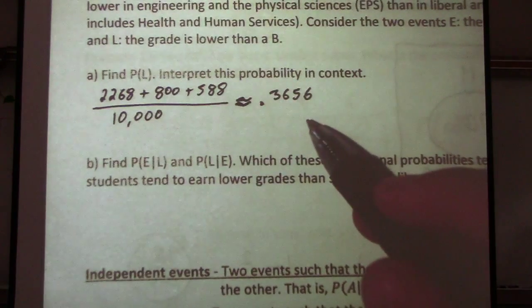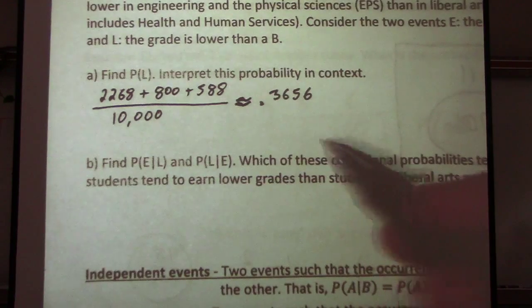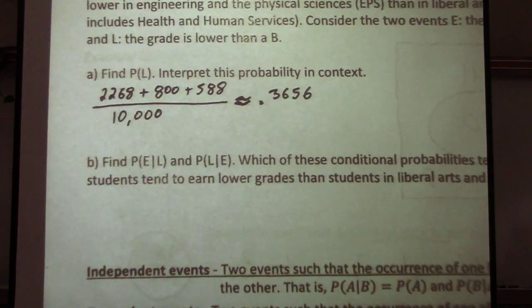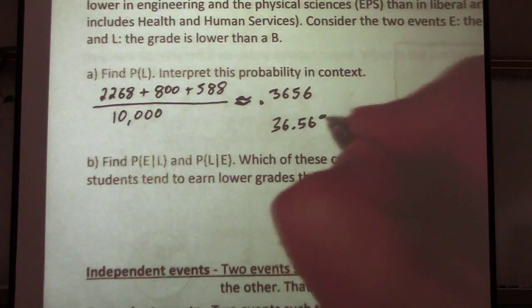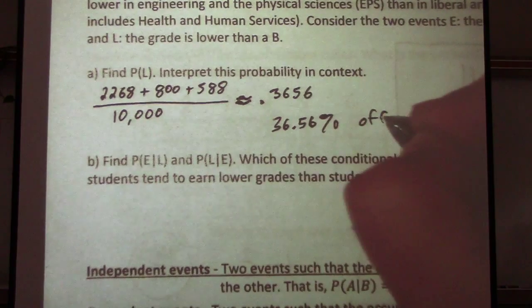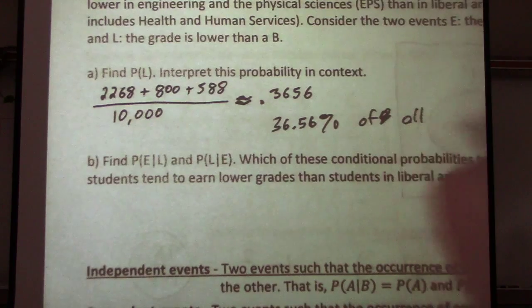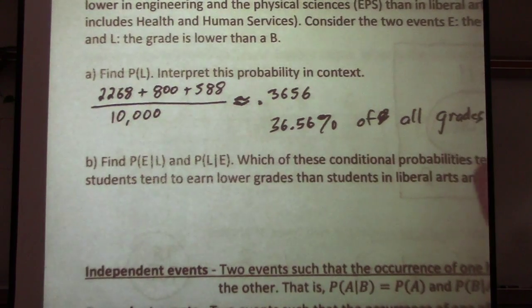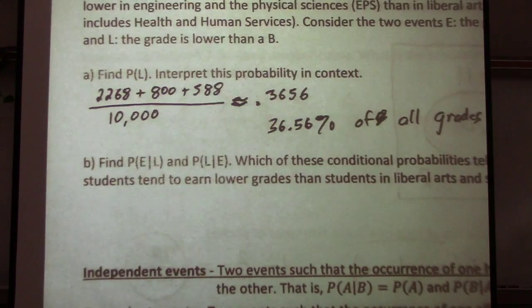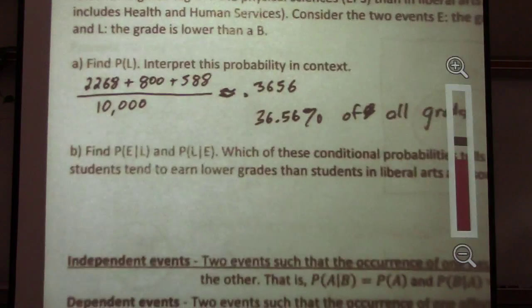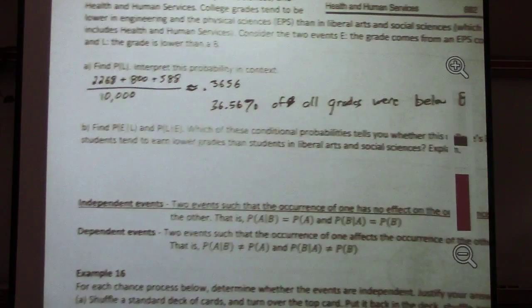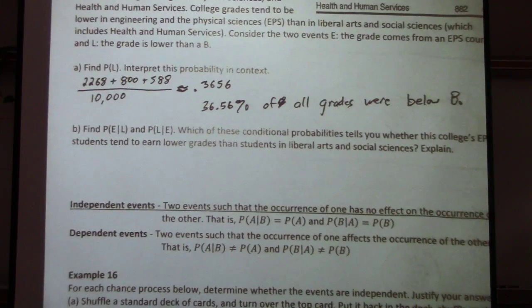So what does that number actually mean? One way of interpreting this would just be to say 36.56% of all grades were below a B. Now, in this particular interpretation, we don't have anything about in the long run or over time.